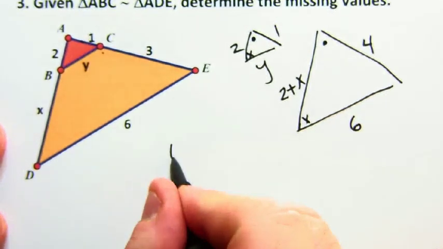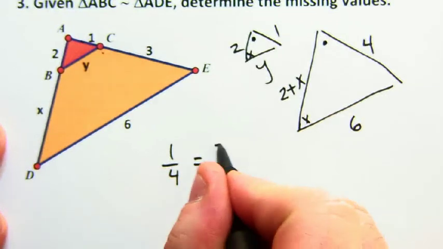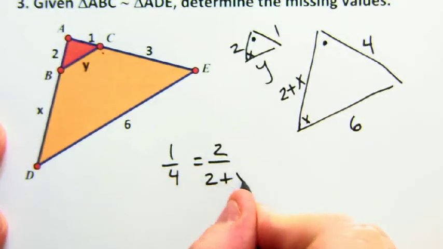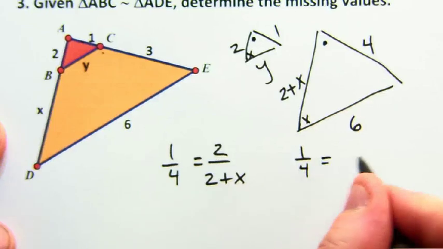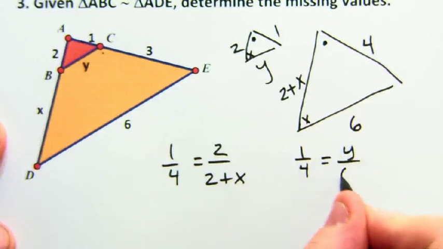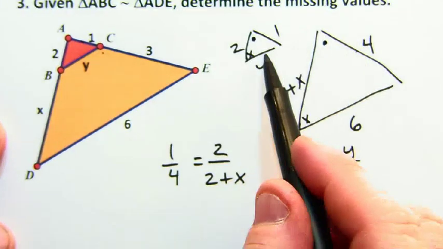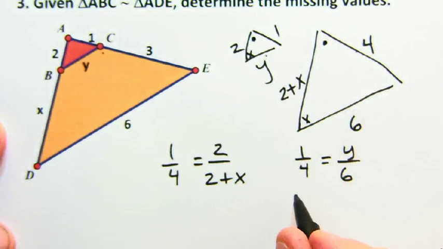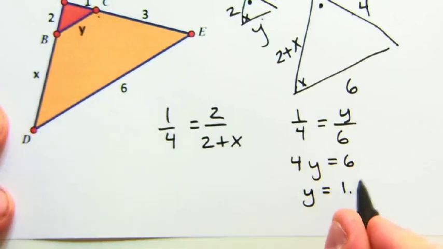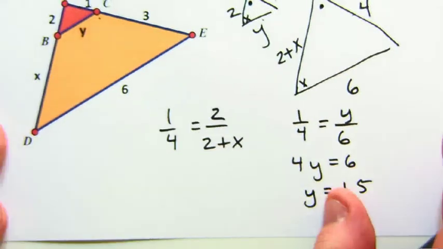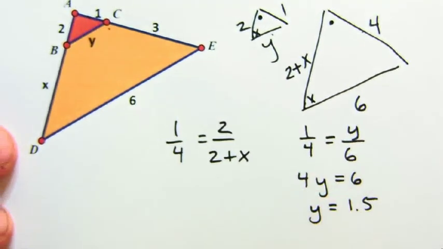So 1 is to 4 as 2 is to 2 plus x, and 1 is to 4 as y is to 6. So 4y equals 6, and y equals 6 divided by 4, which is 1.5.